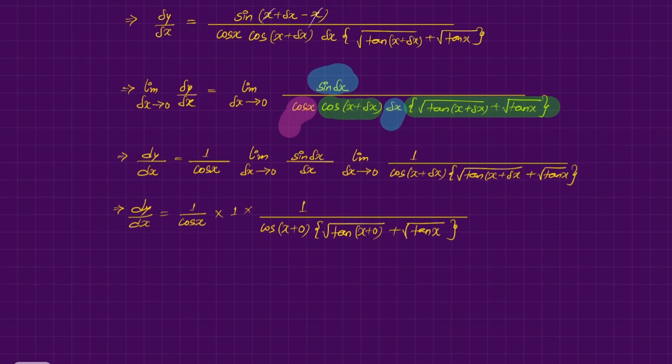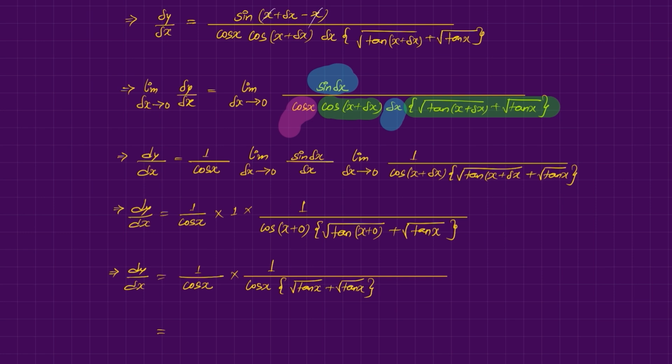So if I simplify, then dy by dx equals 1 by cos x into 1 by cos x times root over tan x plus root over tan x.